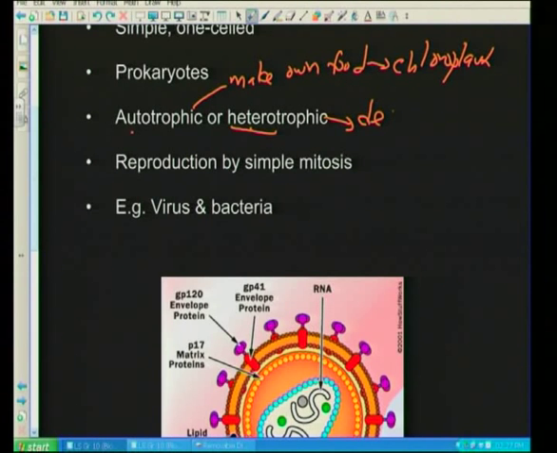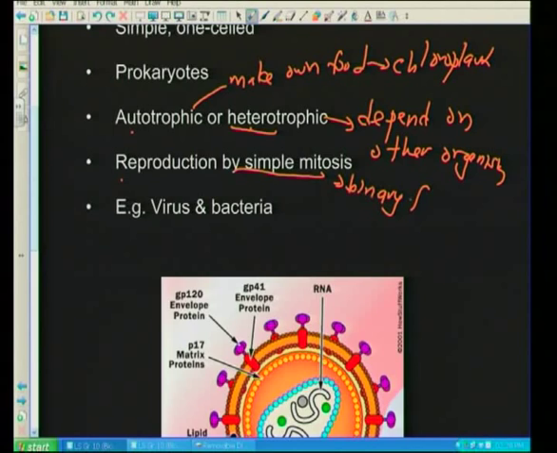It means that they depend on other organisms. Reproduction is by simple mitosis, also called binary fission.